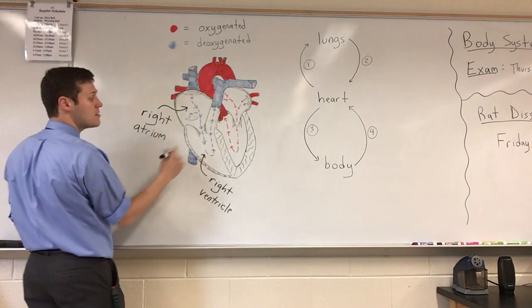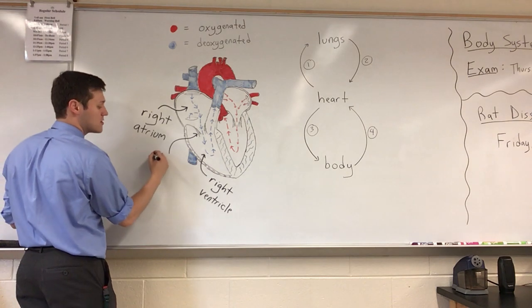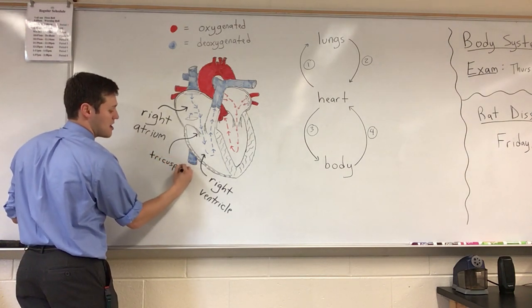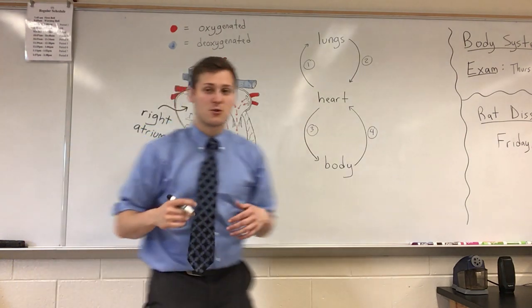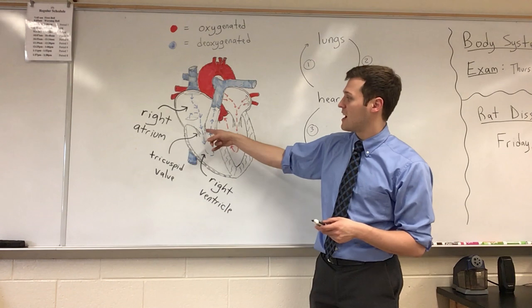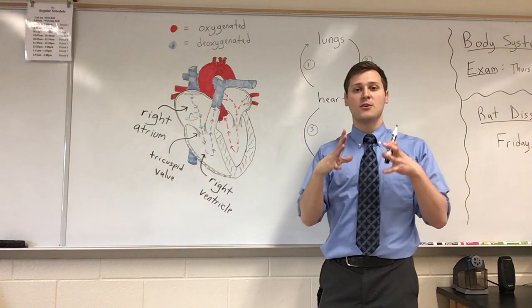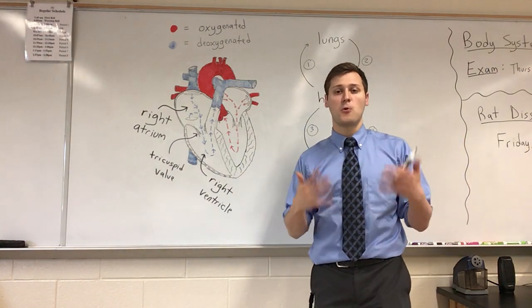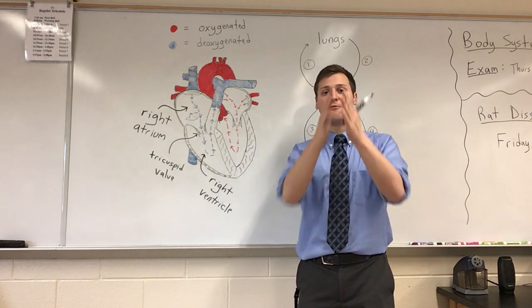Right in between those two, we have a valve. This is called the tricuspid valve. So the tricuspid valve is the valve in between the right atrium and the right ventricle. We're going to talk about 4 different valves in the heart. These valves prevent backflow.